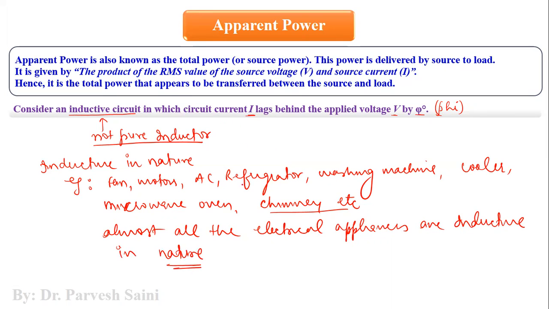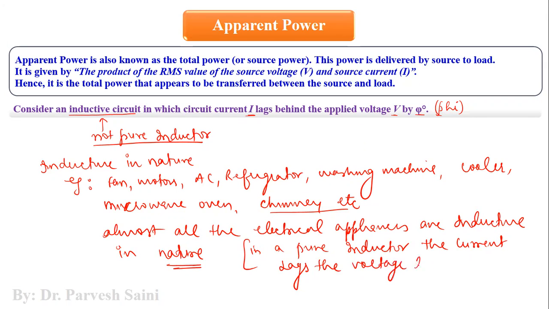Now, in the last lecture, we studied that in a pure inductor, the current lags the voltage by 90 degrees. That is, if you take voltage as the reference phasor, the current will be 90 degrees lagging.